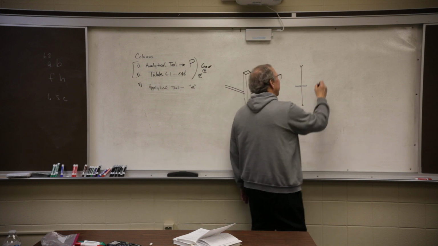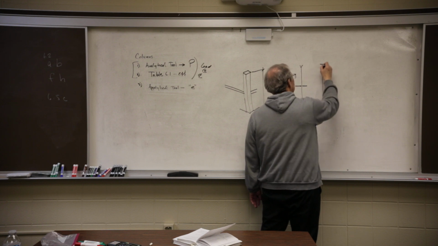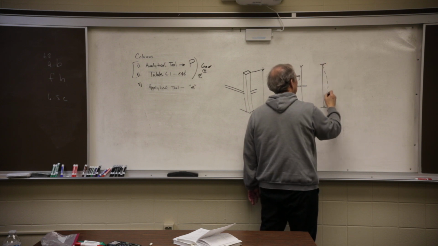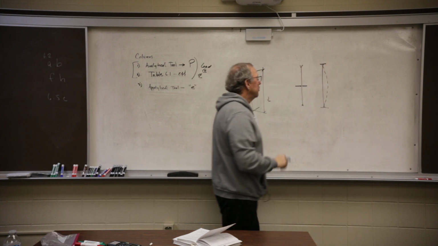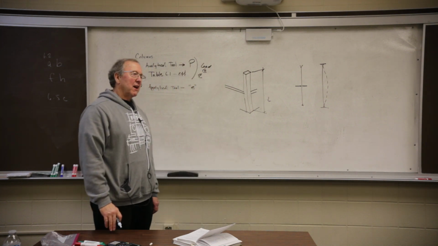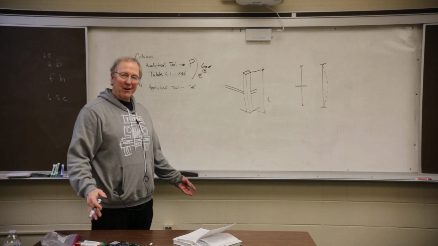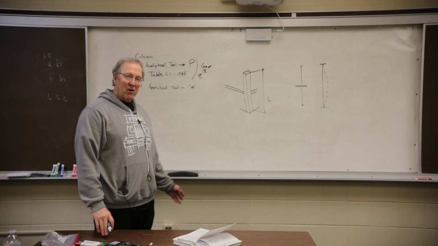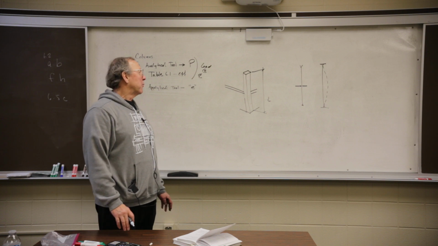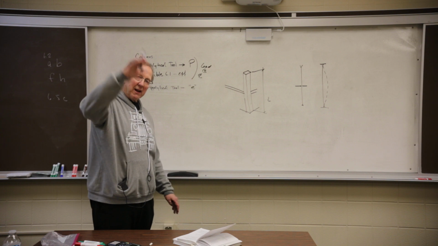If I didn't have that support and I watched it buckle, after a certain load it's going to take a shape that looks like that. If you don't believe that, take a yardstick, put your hand on it and push down on it. It's not going to bust. It's going to buckle. So we have to worry about how skinny it is and its length.